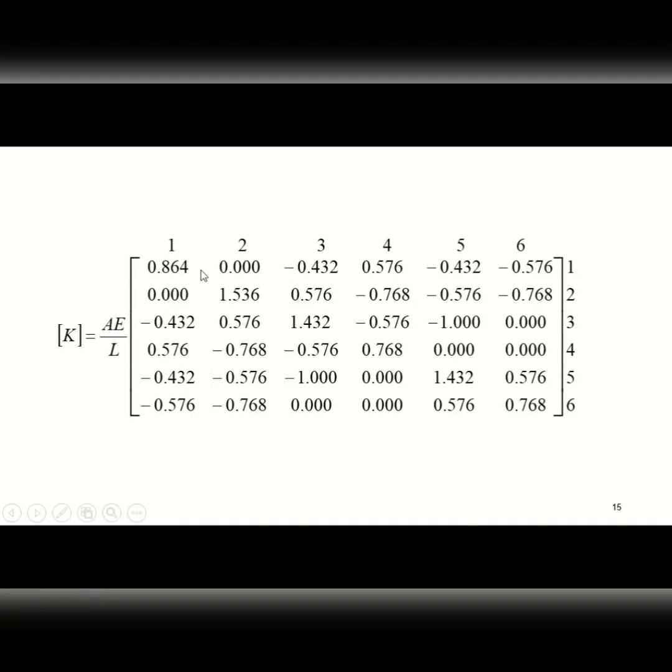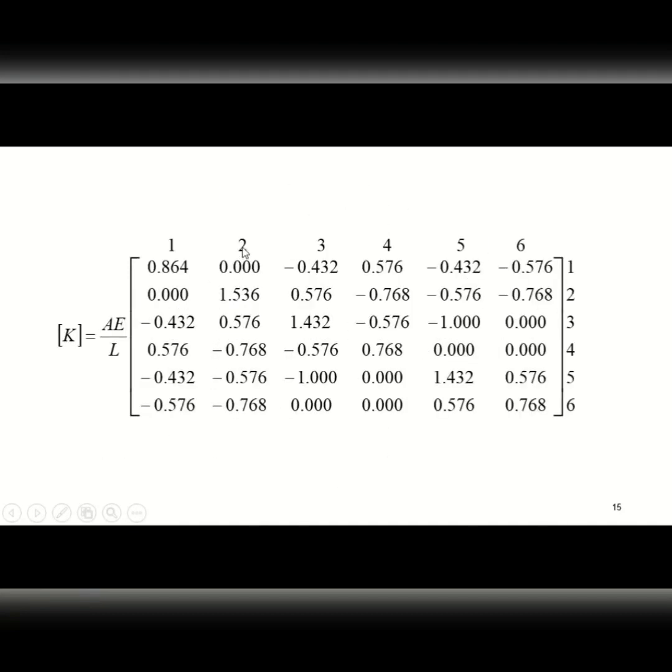In k2, 1 is this and 1 is this, so this is 0.432. You can add this 0.432 and this 0.432, so in this matrix at 1 1 you can add both of them, so 0.864 comes.